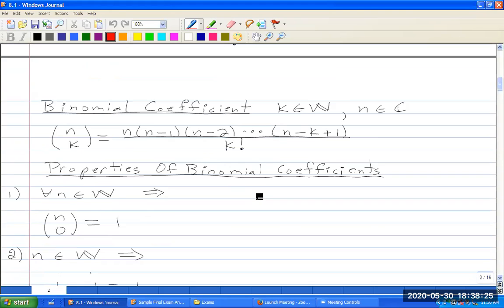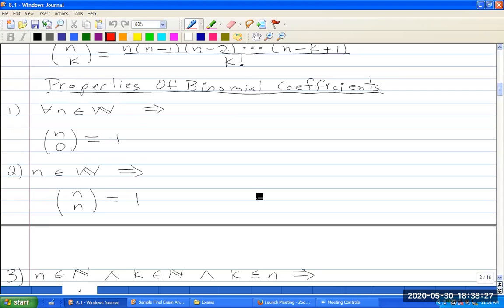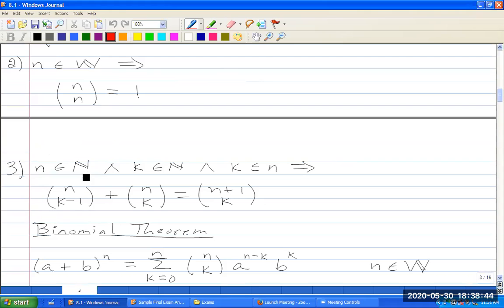So we had the properties, which we've shown, of the binomial coefficient: nC0 was 1, nC1 was n, and nC(k minus 1) plus nCk was n plus 1 Ck.